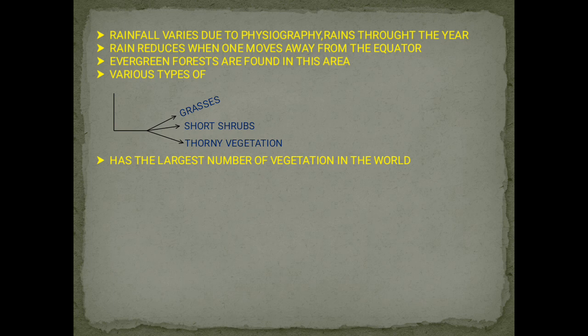Brazil has the largest number of vegetation species in the world. This includes evergreen vegetation, semi-evergreen, arid, etc. Arid means dry. One finds trees like pau-brasil, rubber, mahogany, rosewood, and a variety of orchids.